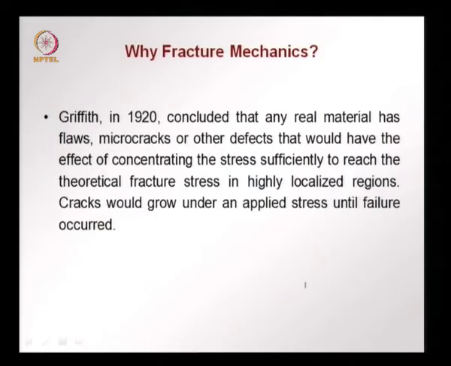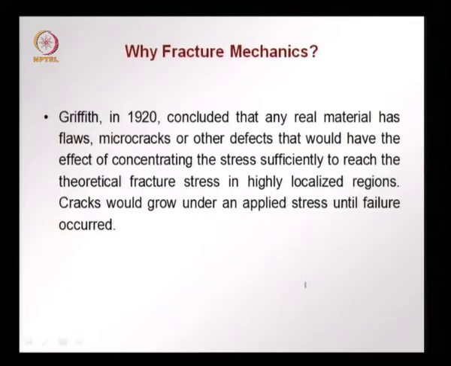The reason for this was categorically stated by Griffith in 1920, when he concluded that any real material has flaws, micro cracks or some other defects, and these defects concentrate the stress so much that the theoretical fracture stress is reached in small points, small areas localized around these defects.